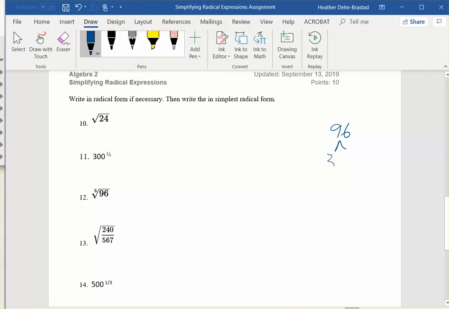So I'm going to write the prime factorization of this and see if that helps me. Now 32 has lots and lots of factors. Let's see, we could write it as 4 times 8, and 4 is 2 times 2, and 8 would be 4 times 2, and then 4 is 2 times 2. So I'm going to rewrite 96 as its product of its prime factors, all of these at the very bottoms of the trees.